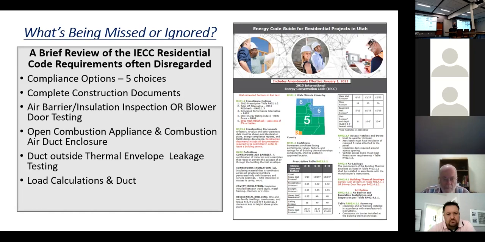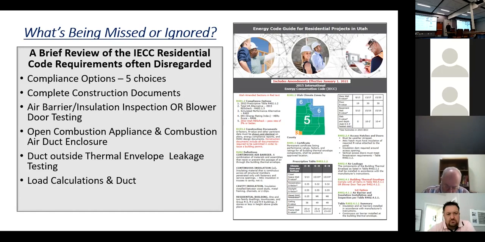If they're doing REScheck, it would be a REScheck. It might be just a sheet that says we're doing prescriptive and identify everything. Gas line diagrams, truss specs, you know, some of those things that you guys don't provide, but that whole package of documents makes the complete set of plans.